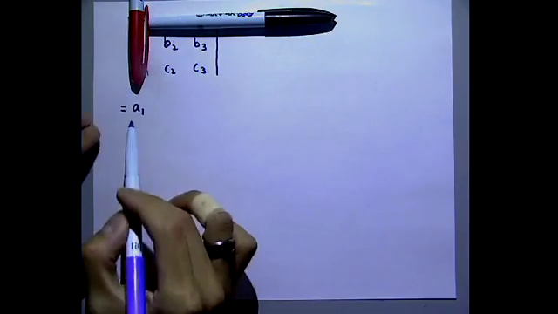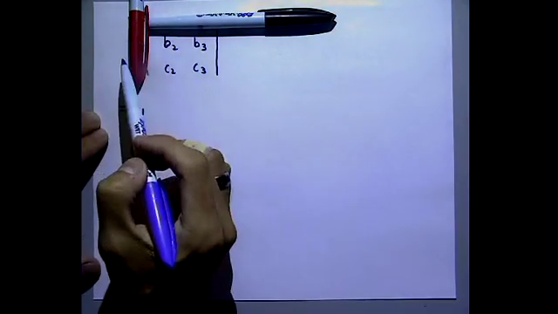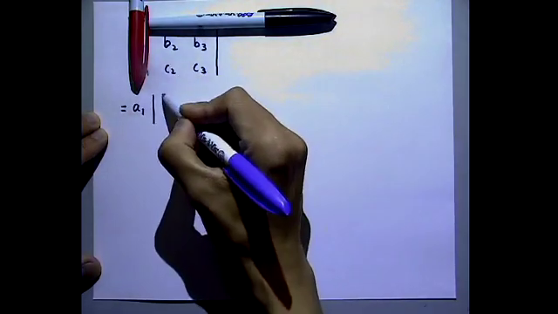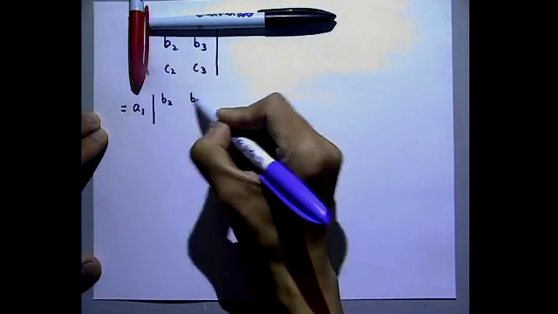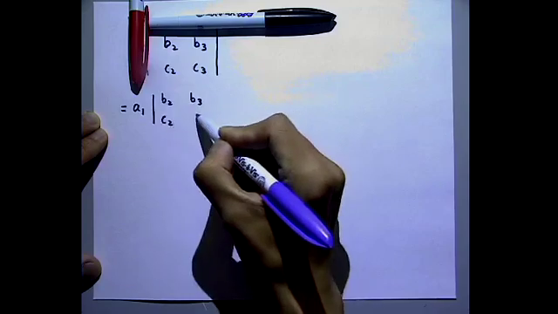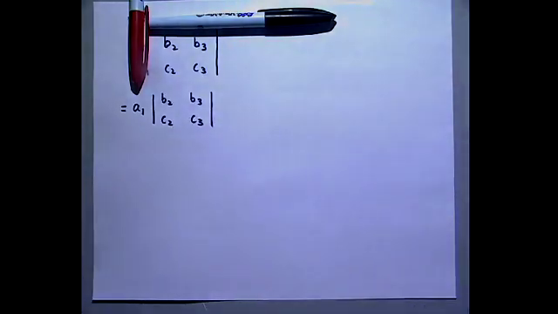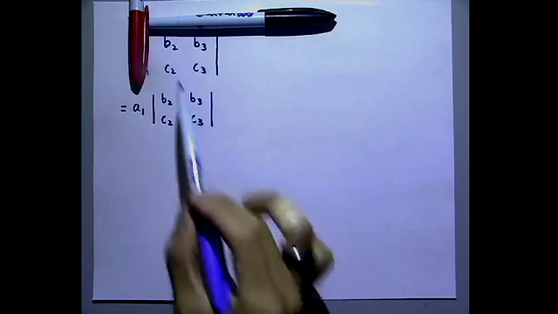So I take A1, and then I block out its row and its column. Then I find the determinant of what's left. Does that make sense? We take the number A1, block out its row, block out its column, take the determinant of whatever's left.